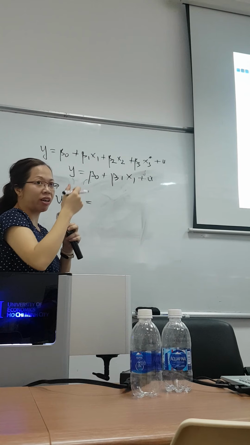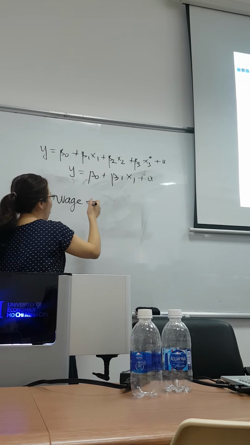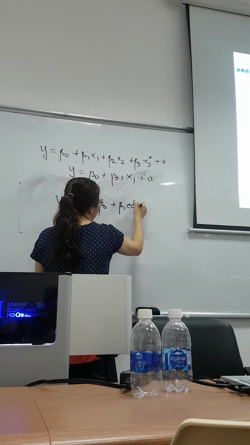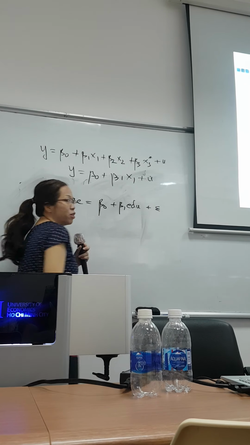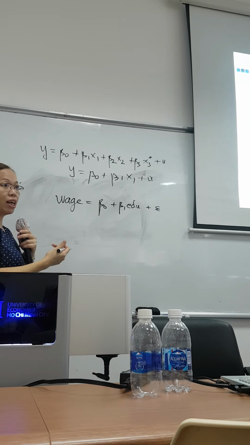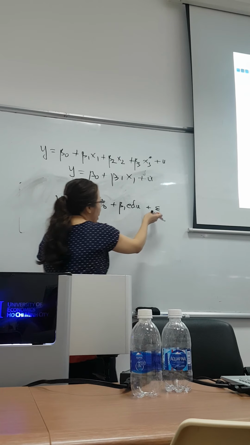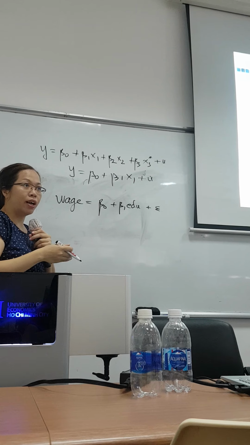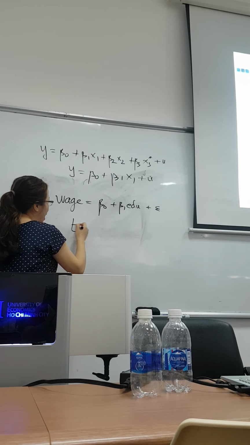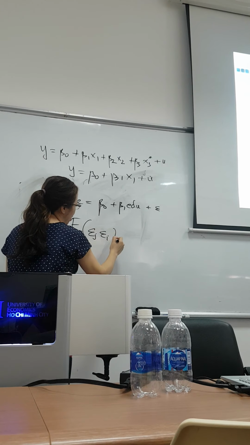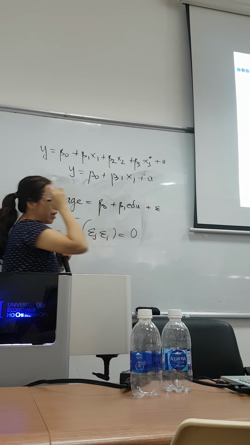Just assume that we have a very simple linear regression, where beta 0 plus beta 1 education, plus the error term. So now we have the assumption here that the error terms are not correlated: the covariance of epsilon i and epsilon j is equal to 0.